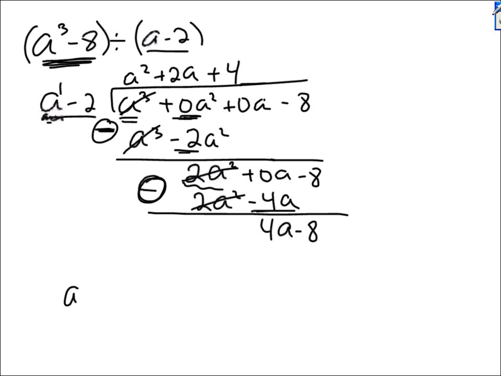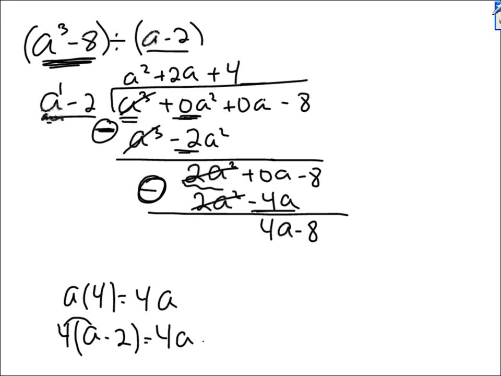So you take the 4 from the top, you multiply it by what's in front, you get 4a minus, and 4 times 2 is 8. So that's what we subtract. Oh, those two lines are identical. So when I subtract, I'm going to get 0.